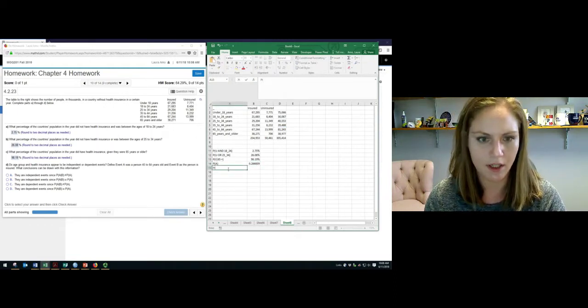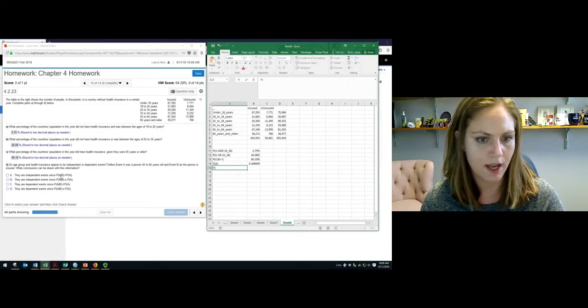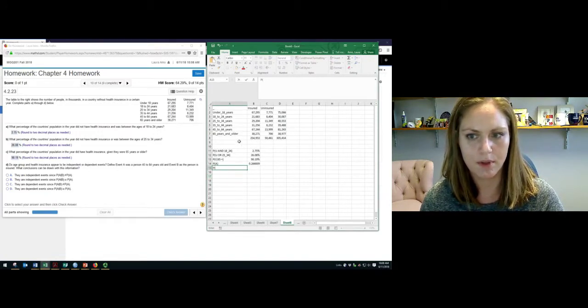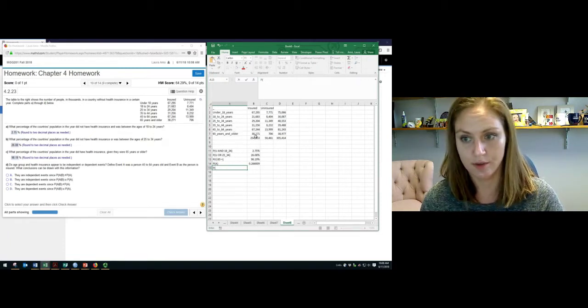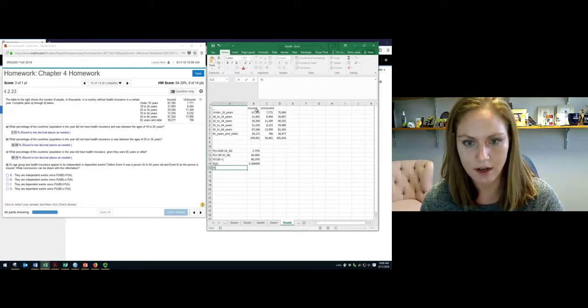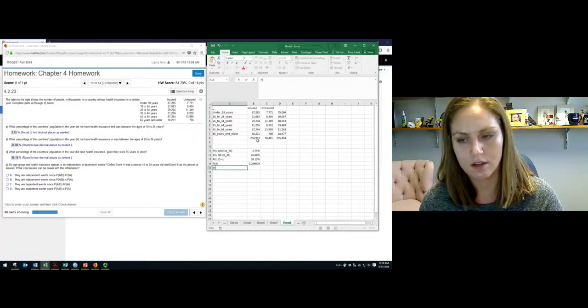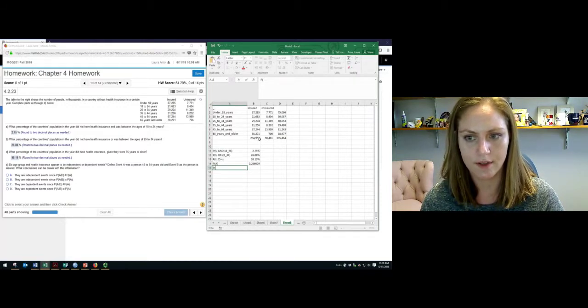The probability of A given B: the probability of being 45 to 64 years old, given that they are insured. Given that they are insured here, how many of these 254,953 people are in that age bracket?